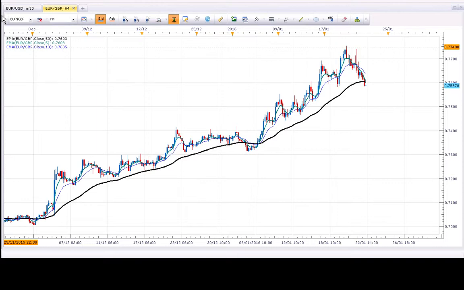And of course, at the moment, both pairs are fairly weak. No one really wants to buy the pound at the moment. And the euro has also been hammered of late. Mario Draghi's been doing quite a lot of easing, so the euro is going to be losing value.